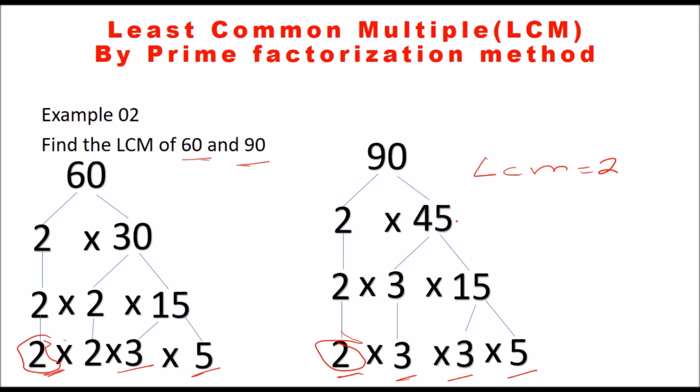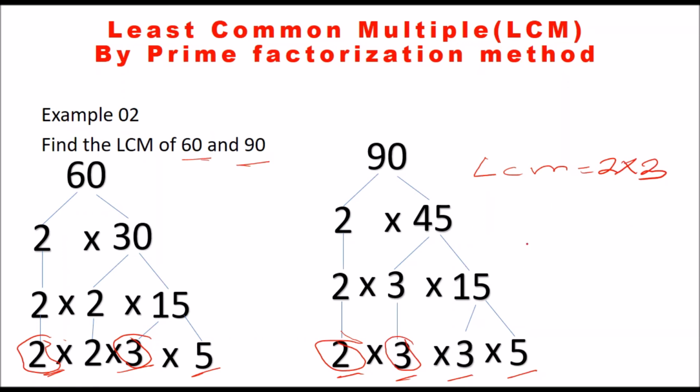Another is 3: here we have 3, and also here we have 3, so again we write times 3.